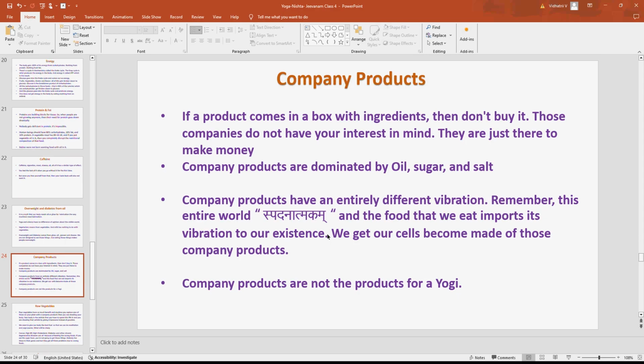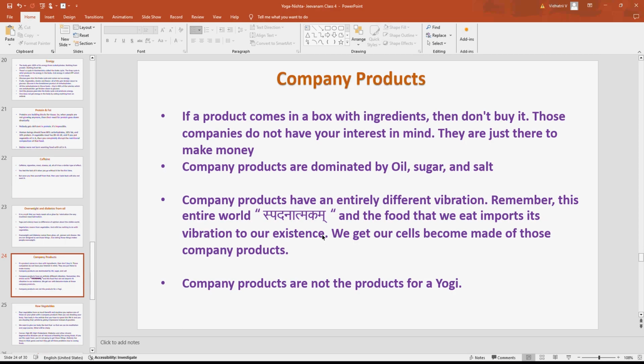And also the company products are dominated by oil, sugar and salt. These are the three ingredients they are dominated by, because the companies will always include ingredients which make you addicted to those products. That is why if you had a packet of chips which has a company label on it, you will never be satisfied by eating one packet. After eating one packet, you'll always be wanting more.